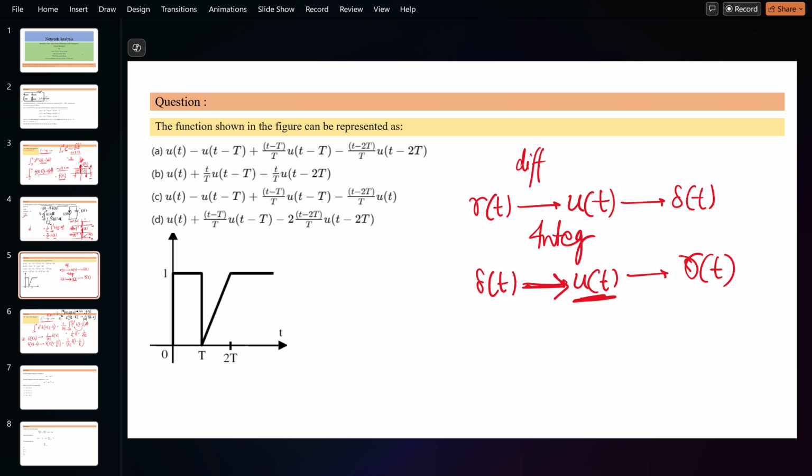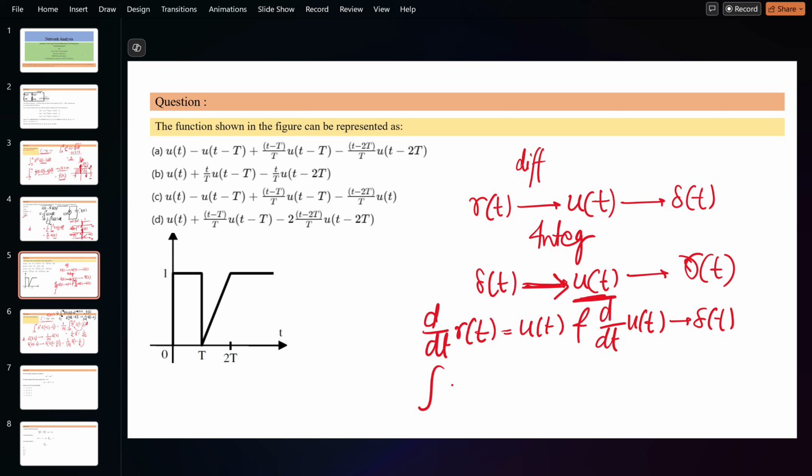So what I am saying is that d by dt of r(t) will be equal to u(t), and d by dt of u(t) will be equal to delta t, and also the integral of delta t is the unit function. Yes, this is a unit function.